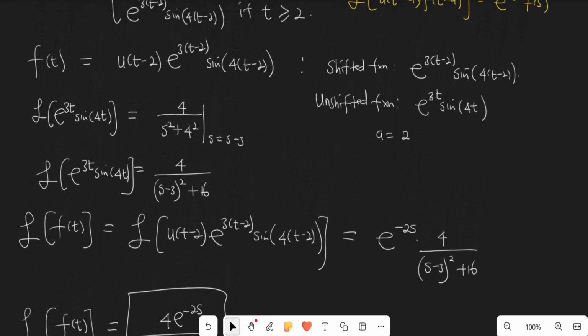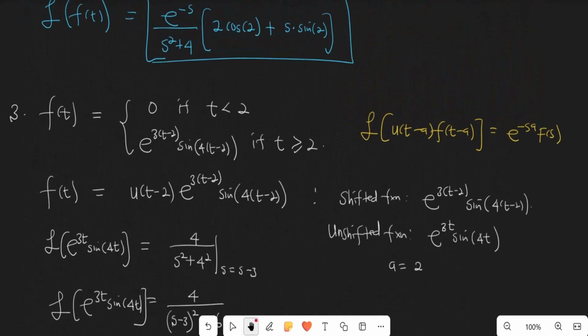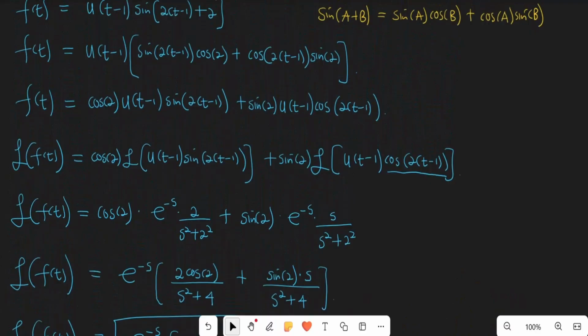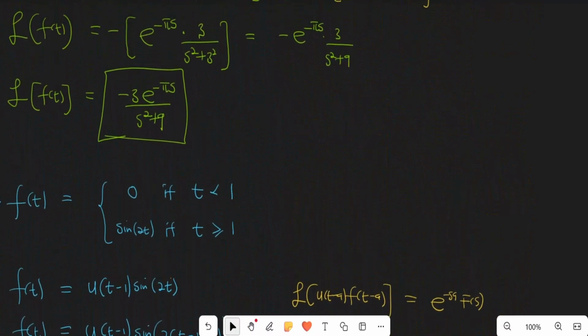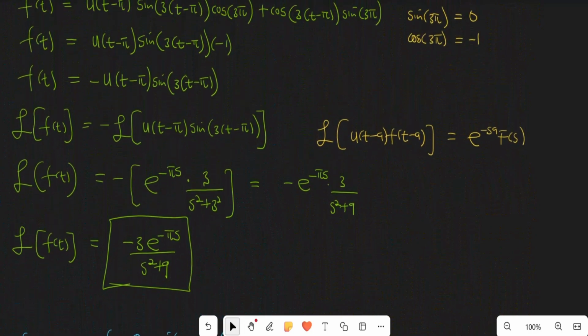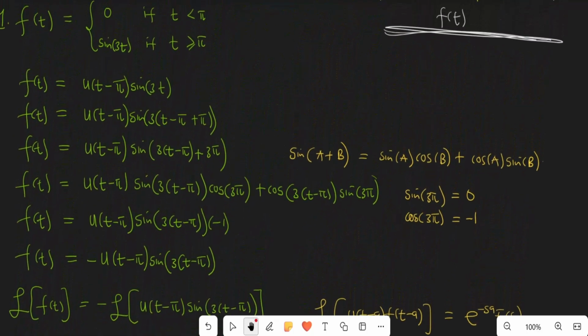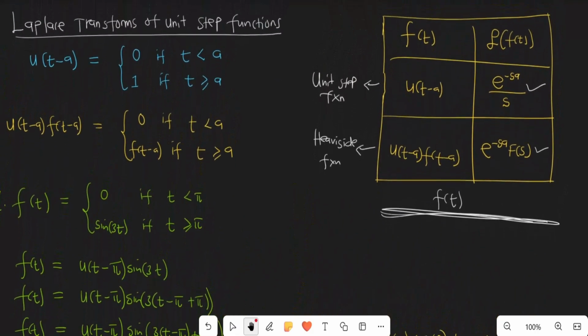This is the Laplace transform of Heaviside functions or unit step functions multiplied by shifted trig functions, and this concludes part 3 of the Laplace transform of unit step functions. In my next video, I will solve the Laplace transform of a Heaviside function with more layers or a more complicated signal.